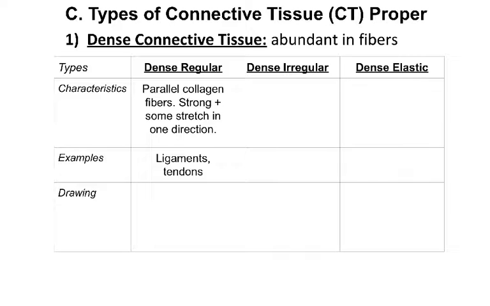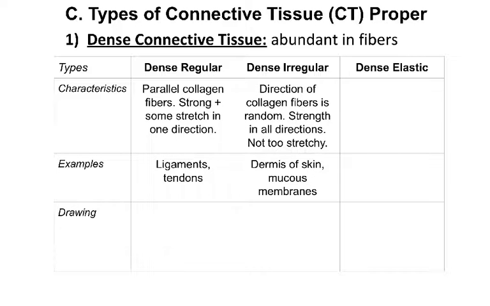You find dense regular most commonly in ligaments and tendons, things that are stretchy, but only stretch in one direction, right? You can only bend your foot or your leg or whatever joint you have in one direction, but not many. And if you move it the wrong way, you can tear it. So we're going to do the drawings last.